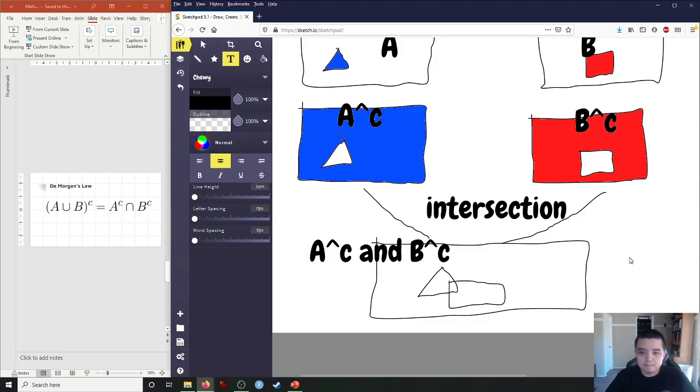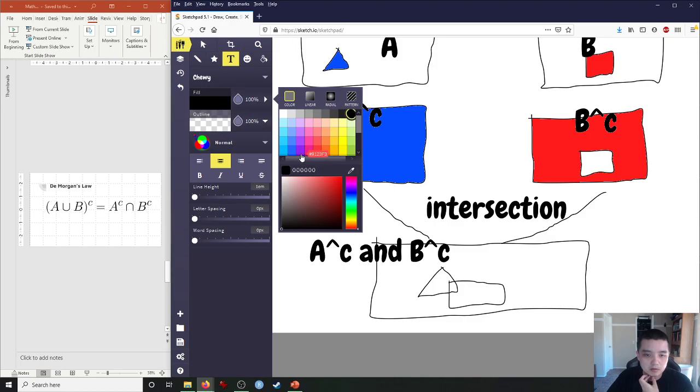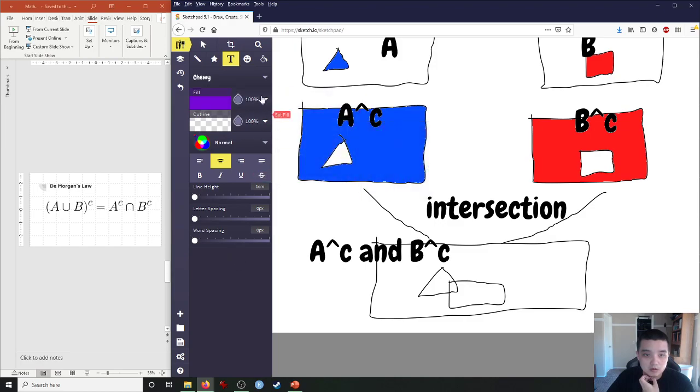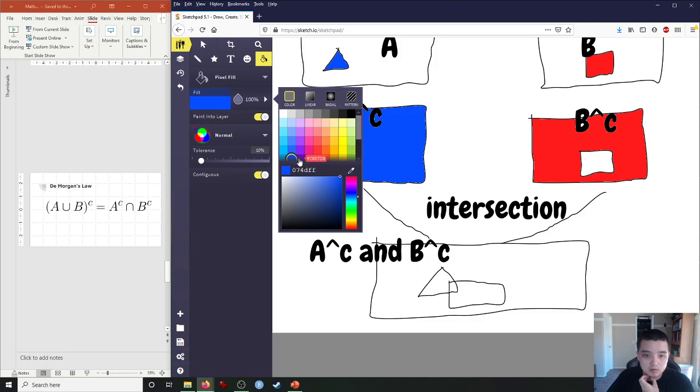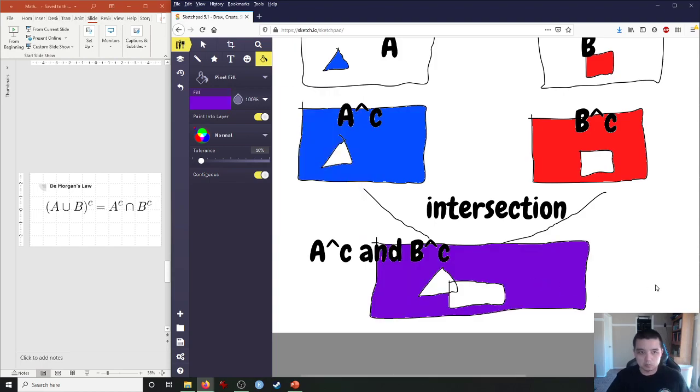So this side of the equation of De Morgan's law says A complement intersect B complement. Which points are in both the blue and red region that I have here towards the bottom of the screen? And that's here.